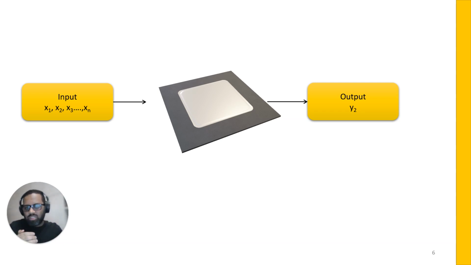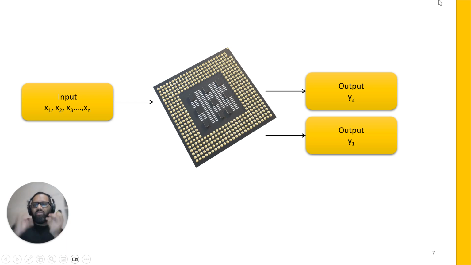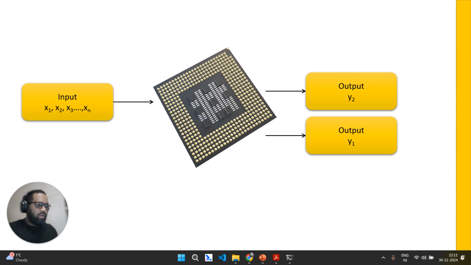But in an ideal situation, we want a process where we just have to give an input once and we will get output twice. To do this, we have something called multi-output classifier, and I will explain it in a better way with the code.